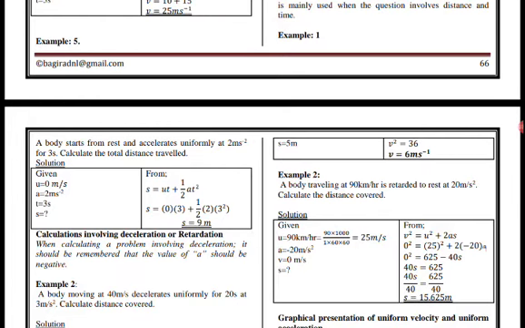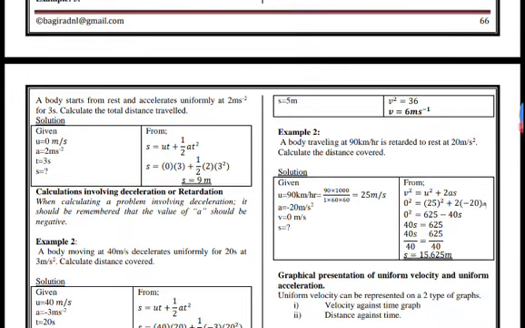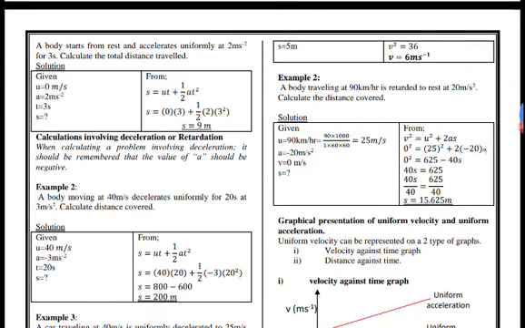We want to look at the distance. So the distance covered is got from the second equation of motion, which is ut plus a half at squared. When you substitute, you get S as 9 meters. You can try it out and see. So, calculations involving deceleration or retardation.